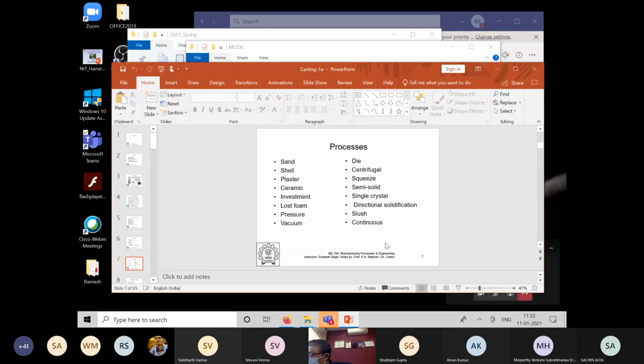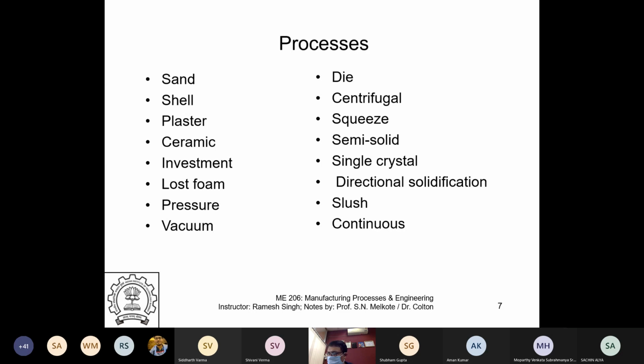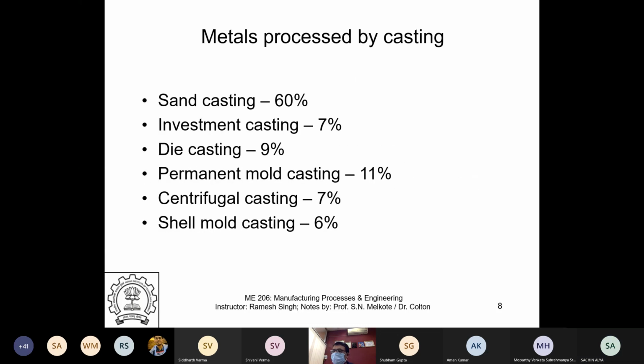Okay. So now you're clear with the processes, right? All the processes. How many minutes do I have? Do I have some time? Or no? So 4 minutes. Okay. So let me just do a couple of slides.